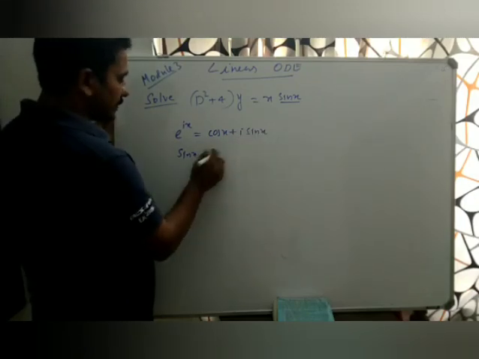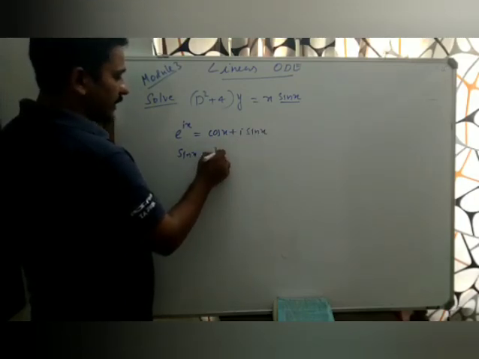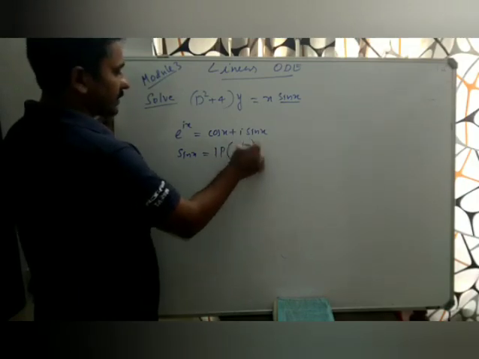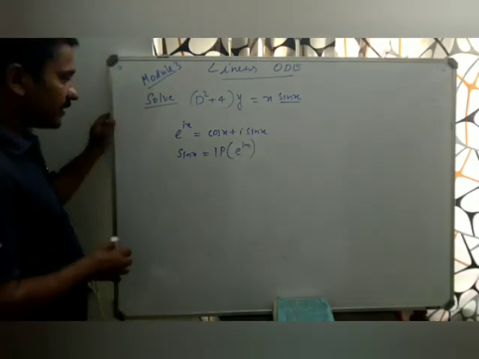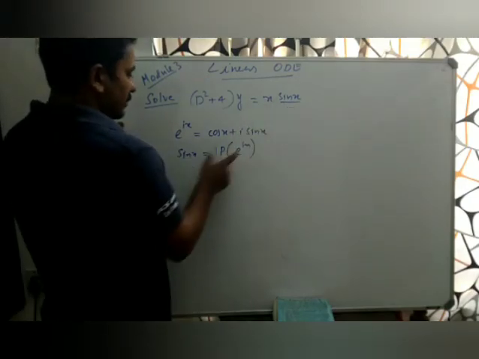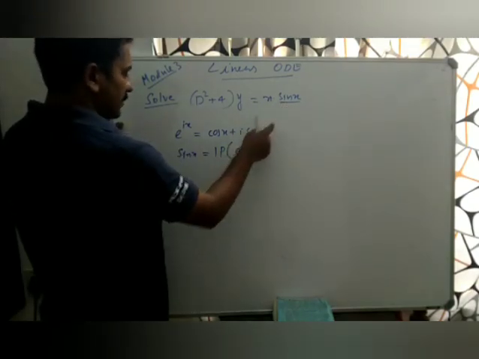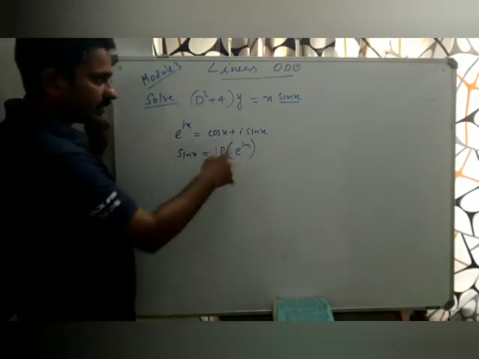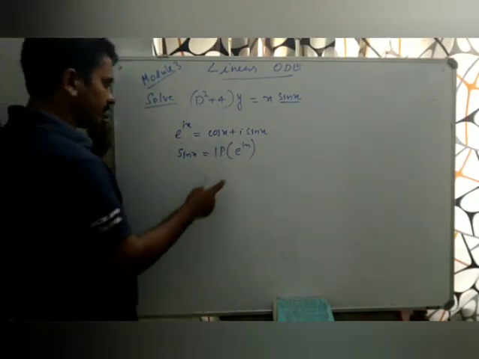So sin x is nothing but the imaginary part, IP in the sense imaginary part, of e^(ix). So in this case, to find the particular integral, we write this sin x as the imaginary part of e^(ix). Then we follow the procedure.